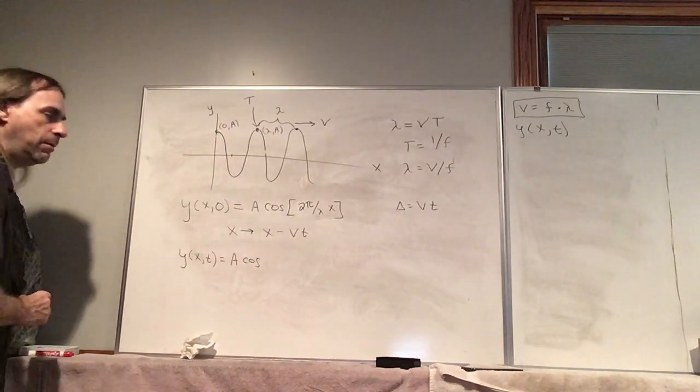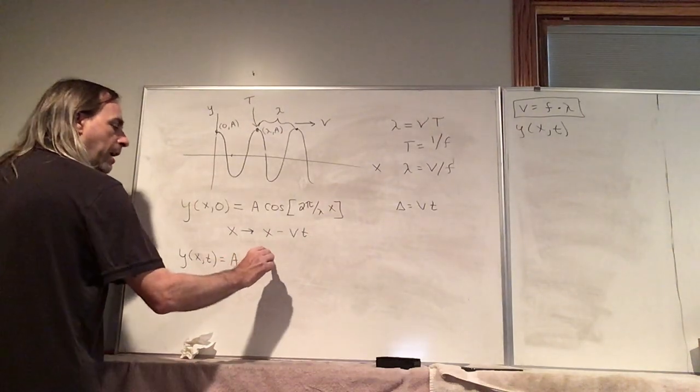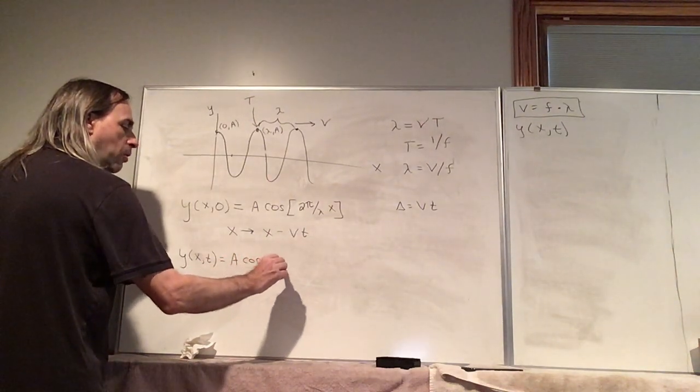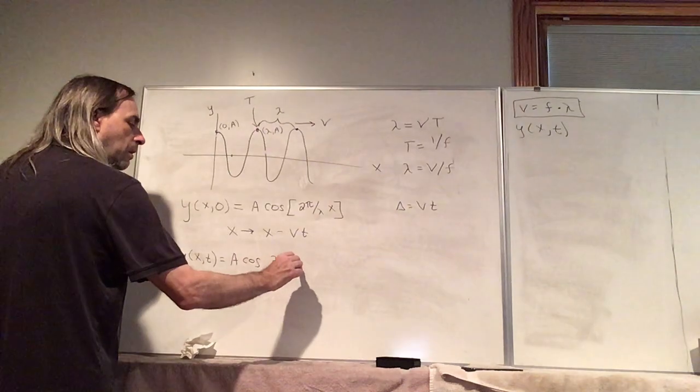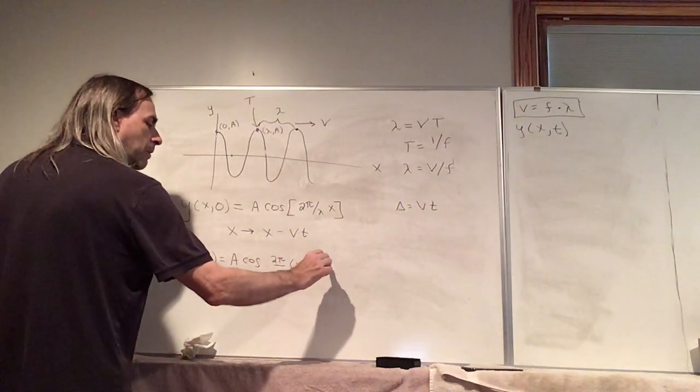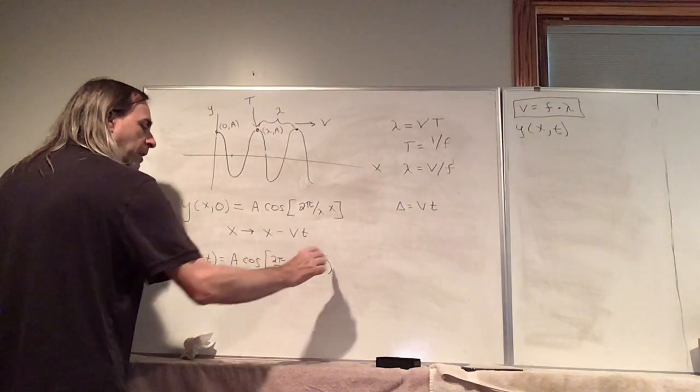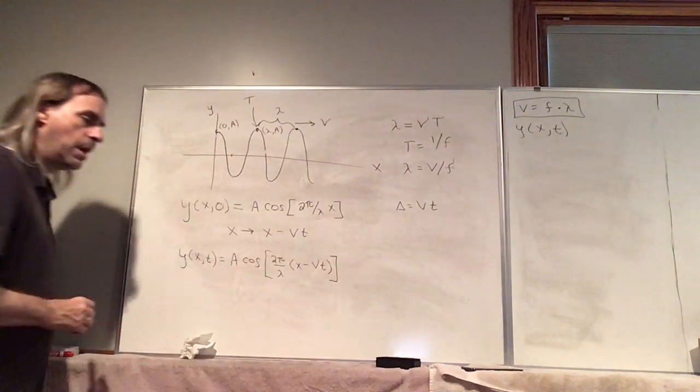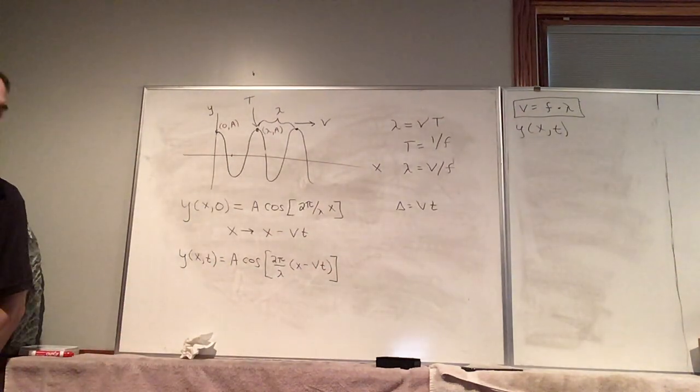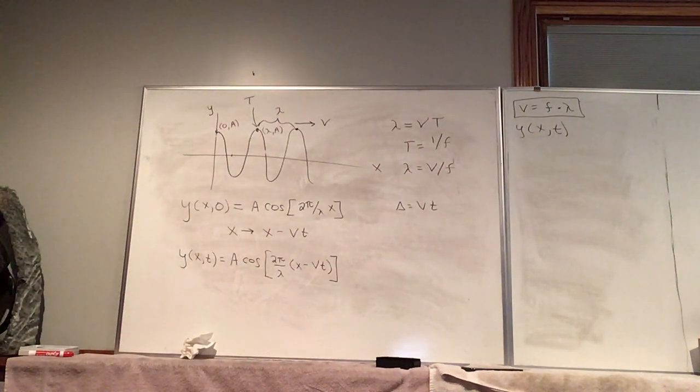So that's a cosine. Now we have 2 pi over lambda times x minus vt. And we want to clean this up a little bit. In a sense, we could just leave it like this and we're done, but I want to clean it up.